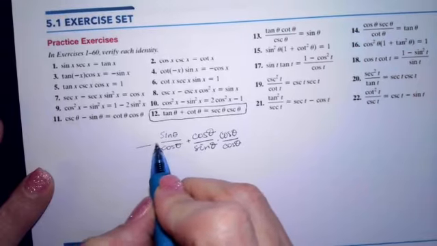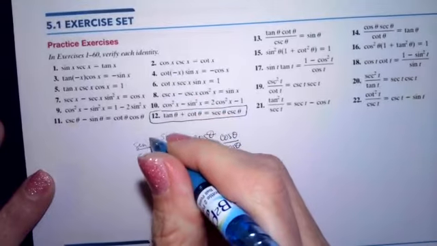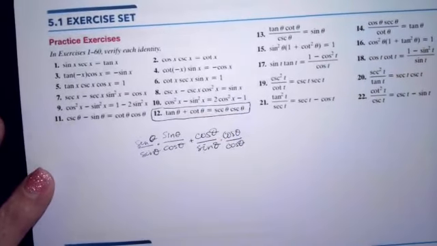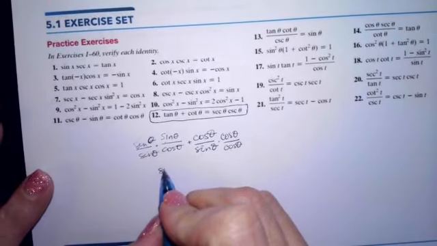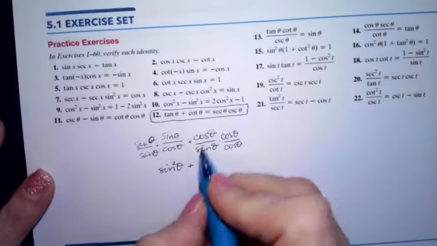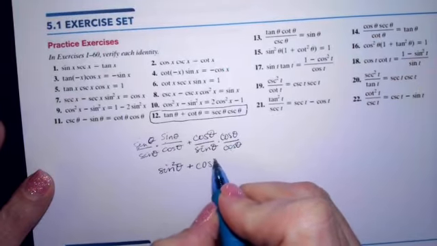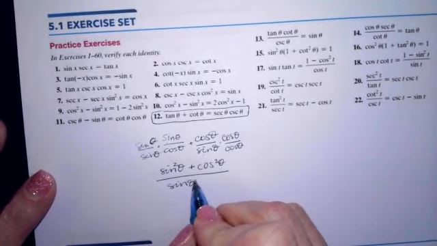And this one would need to be multiplied by sine theta. Okay, and so now we've got sine theta times sine theta, which is sine theta squared, plus cosine squared theta, and then that's all over sine theta cosine theta.